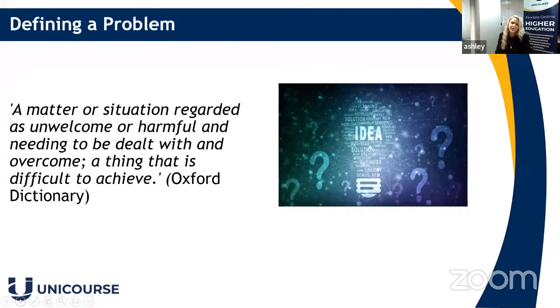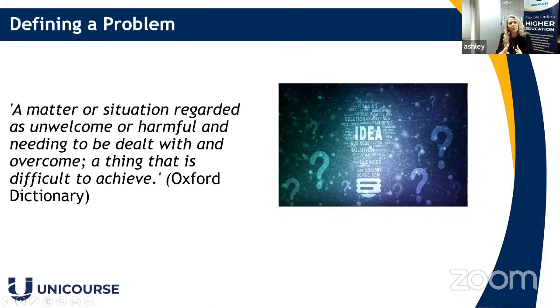So let's start by defining what we mean by problem. The Oxford Dictionary defines it as a matter or situation regarded as unwelcome or harmful and needing to be dealt with and overcome. I think that's difficult to achieve, basically.